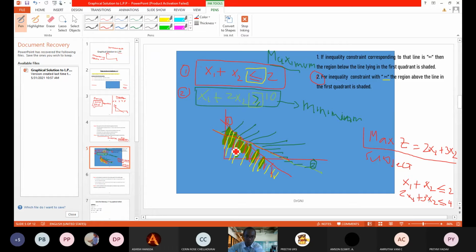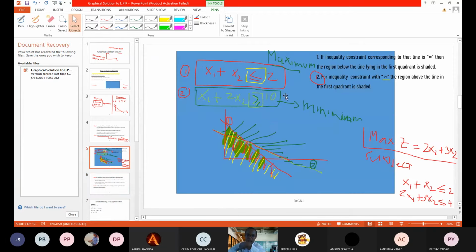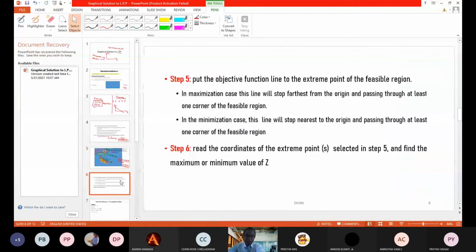That is point number 5. In the maximization case, the line will stop furthest from the region. For maximization, the shade is going to be below the line. For minimization, or the greater than sign, the region is going to be above the line. Clear?